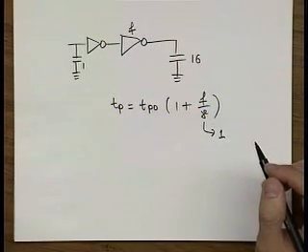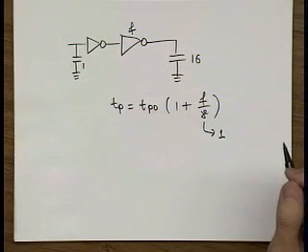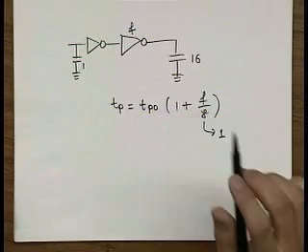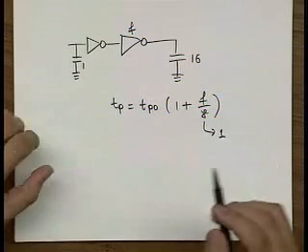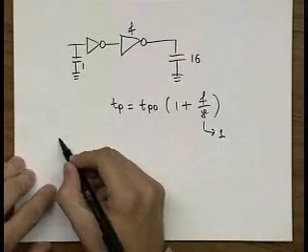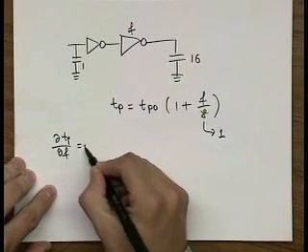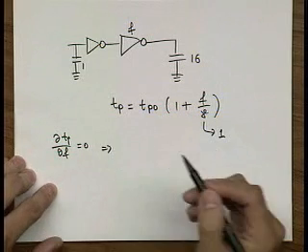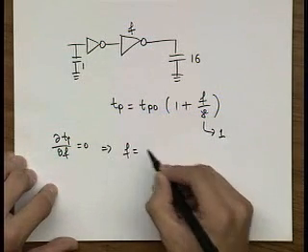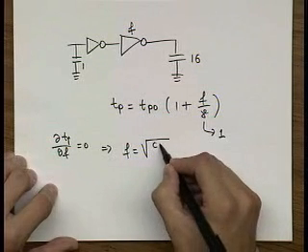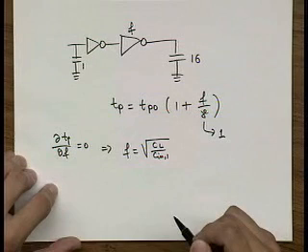We said that gamma is usually around 1, and it can be abstracted away in most cases. Now, the question was, if you have a chain of gates, what should this sizing factor be such that I minimize propagation delay? We derived, by differentiating this formula, dTp over df, setting it to 0, that the optimal sizing factor was equal to the square root of the ratio of the load capacitance to the input capacitance of the first stage.